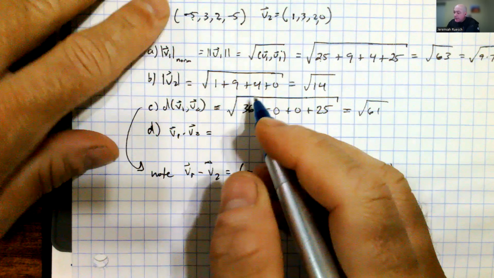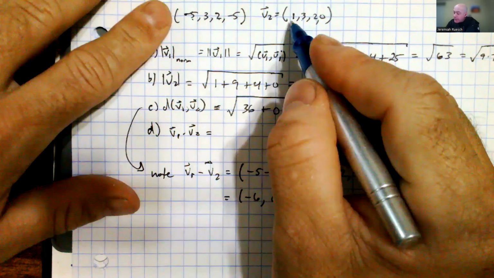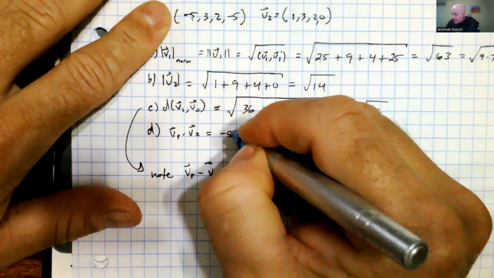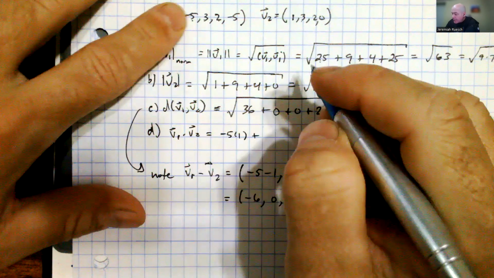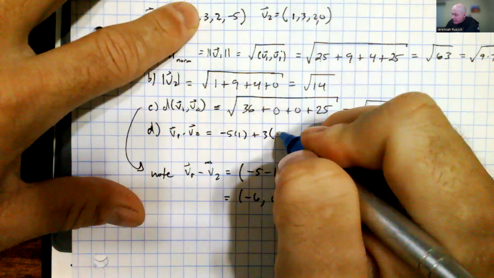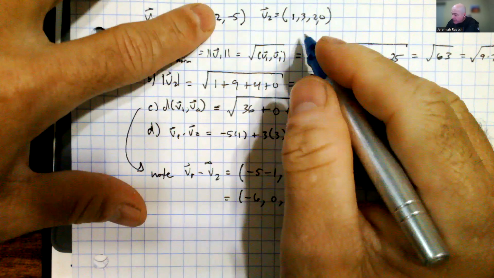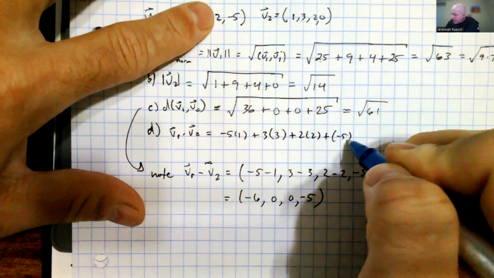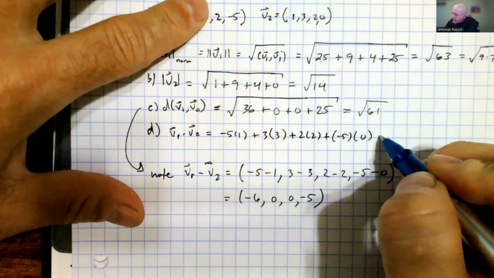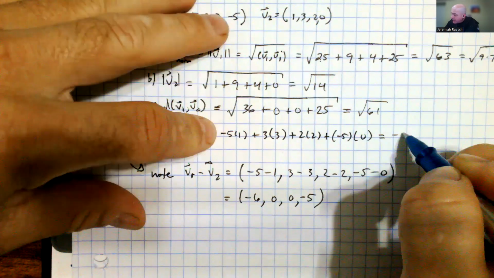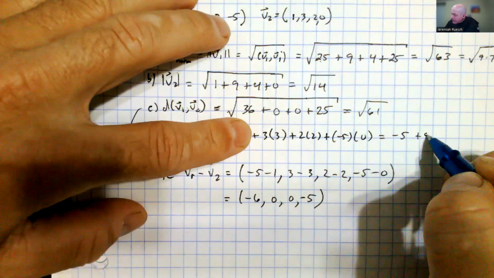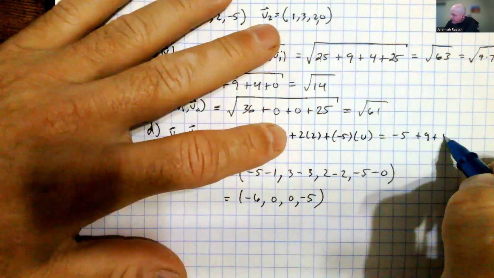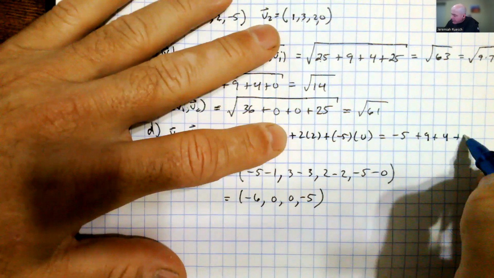So I'm going to have -5 times 1 plus 3 times 3 plus 2 times 2 plus -5 times 0. This is going to give me -5 plus 9 plus 4 plus 0.